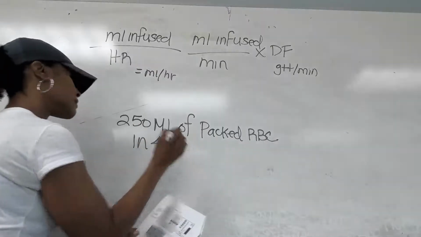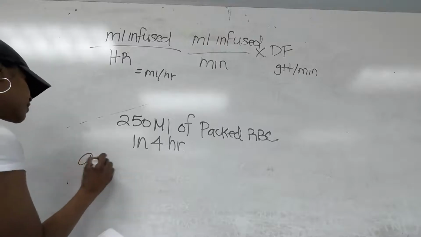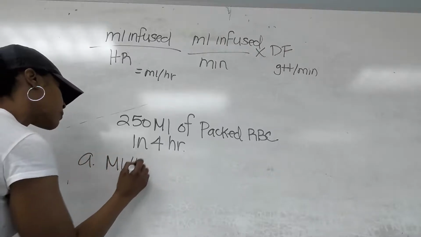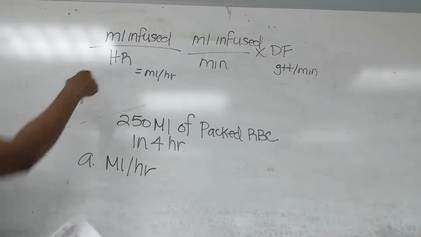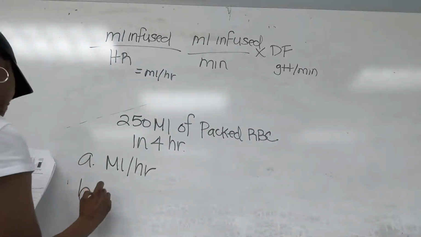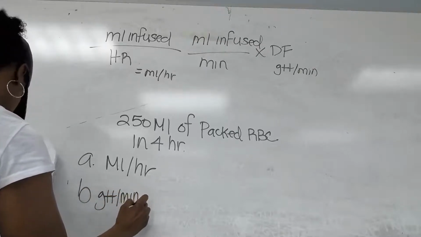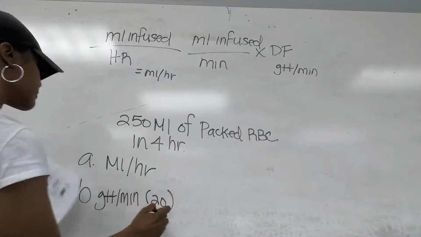That's like, what is that, transfusion? Yes. A is asking you how many milliliters per hour, this formula. And B is asking you for the second formula, which is drops per minute. And it's giving you the drop factor, which is 20.